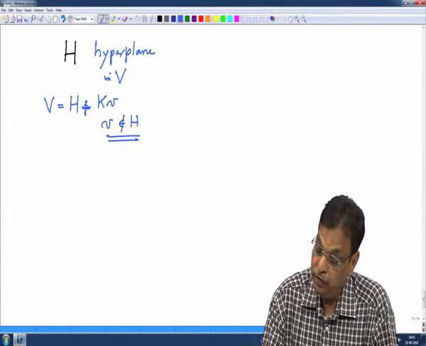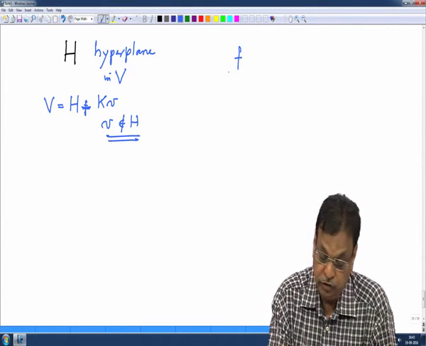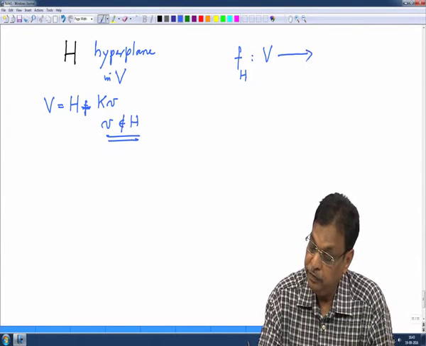From here I want to define a linear form f which will depend on this H. So, a linear form means a map V to K.